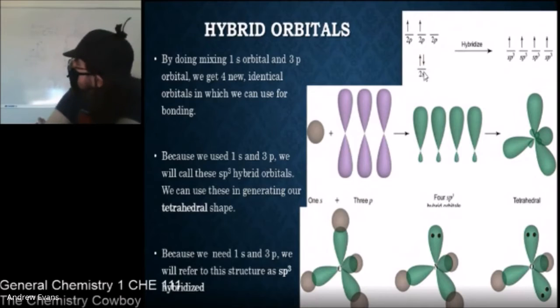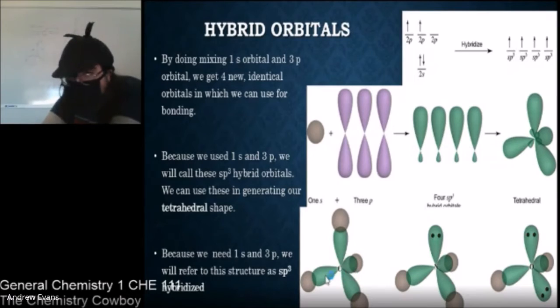Essentially, we took these. This guy is like carbon, has 4 electrons. 1, 2, 3, 4. We hybridize these guys together, and so we get 4 sp3, each with 1 electron in it. Each with 1 electron capable of making 1 bond. So right here we have methane. Here we have ammonia, NH3.